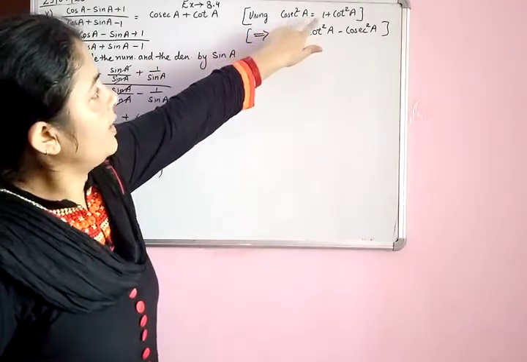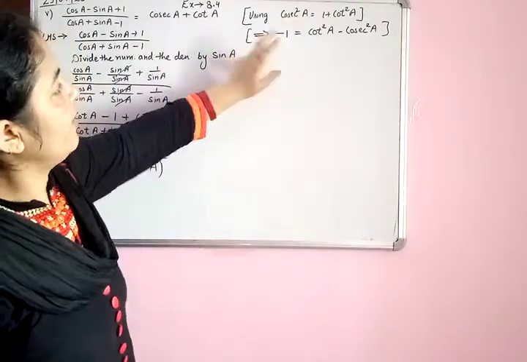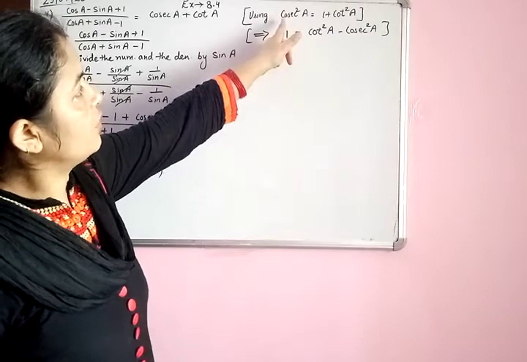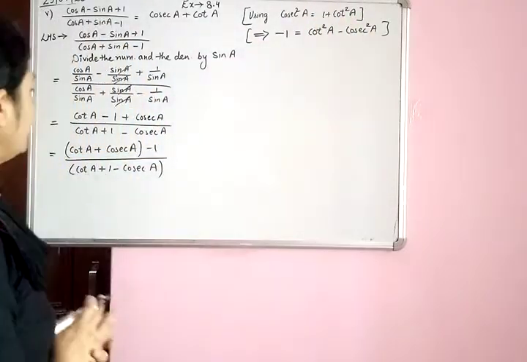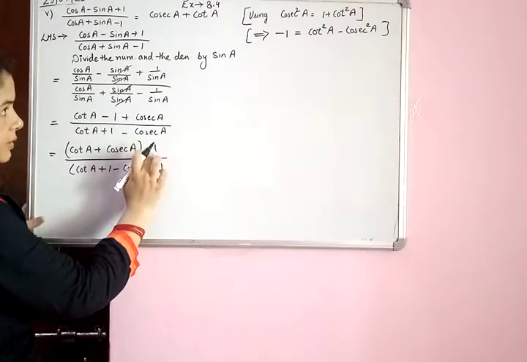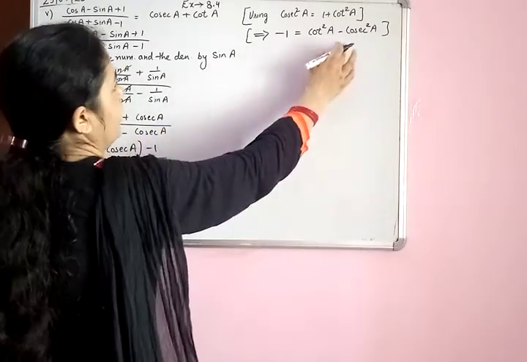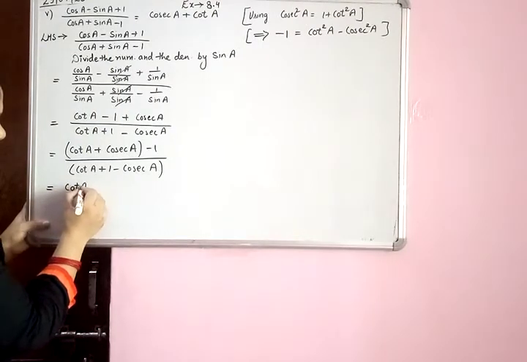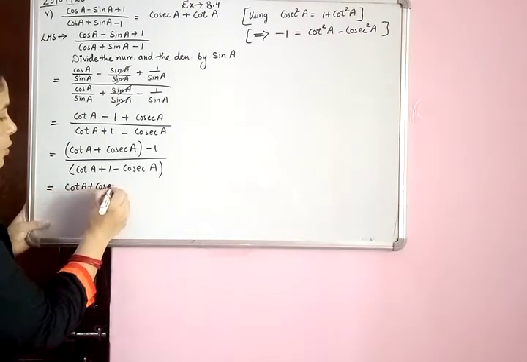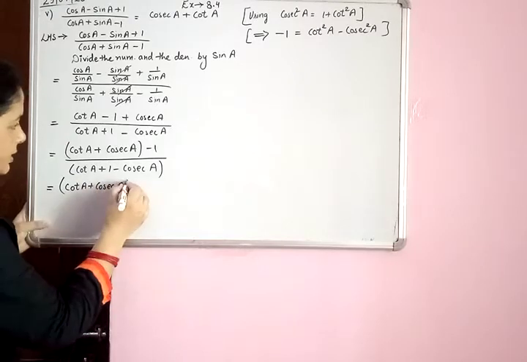Using this identity, if we shift 1 towards the left, we have -1, and if we shift cosec square a towards the right-hand side, we have cot square a minus cosec square a. So in place of -1, I am now putting cot square a minus cosec square a. So we have cot a plus cosec a in a bracket.